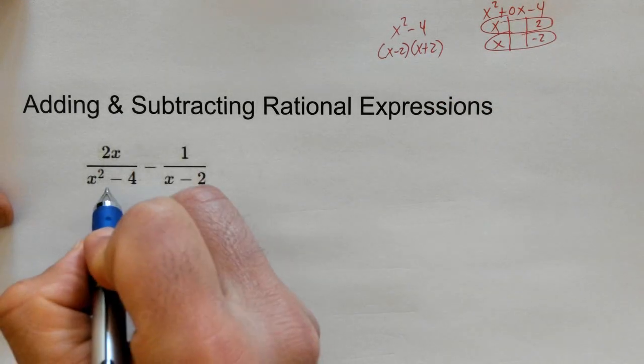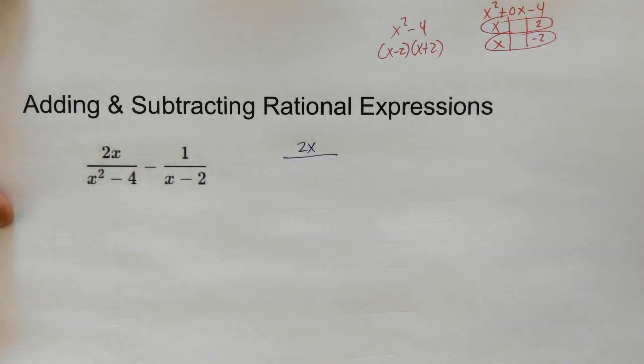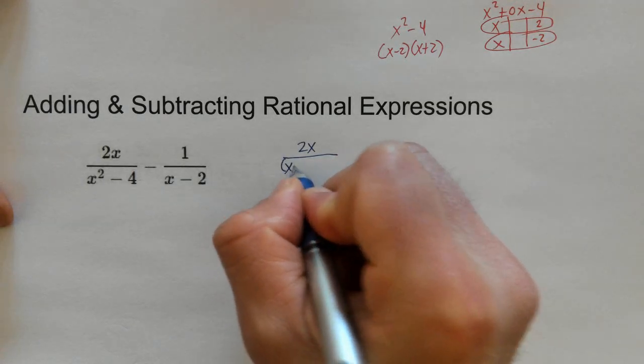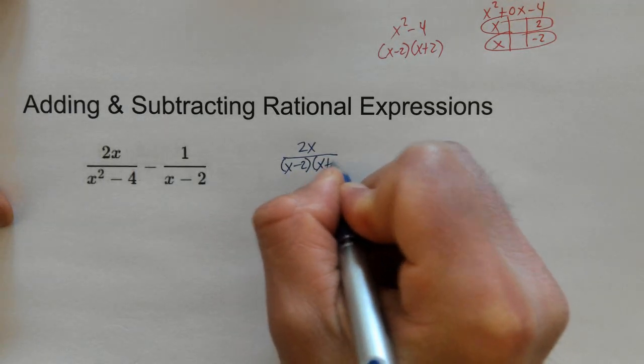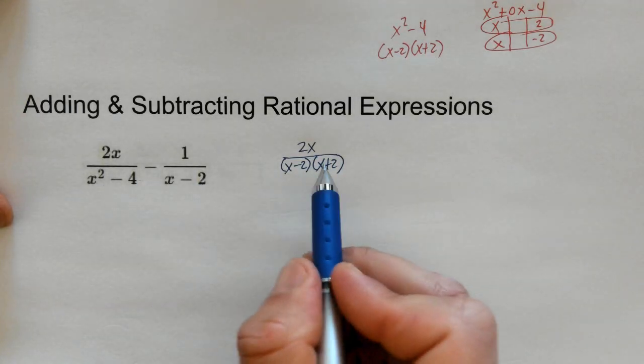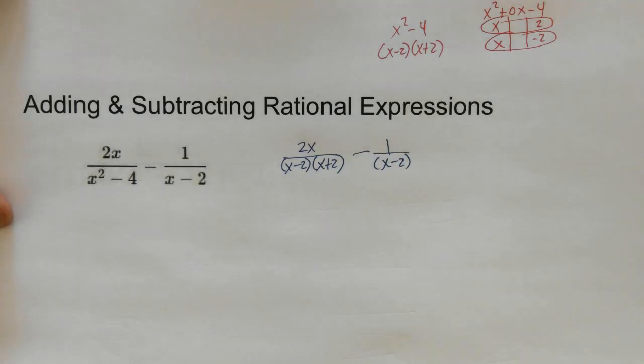So I'm going to rewrite this problem, but in factored form, right? If I see any quadratics, I want to factor them to see if they share anything in common. All I did was rewrite this in factored form. And the other one is already in factored form, because there's nothing to factor. So, what will be my least common denominator?